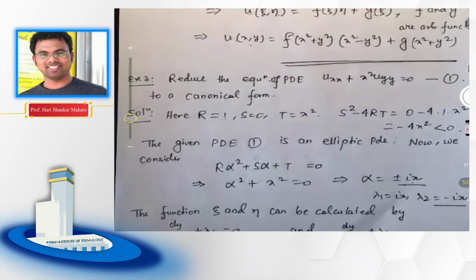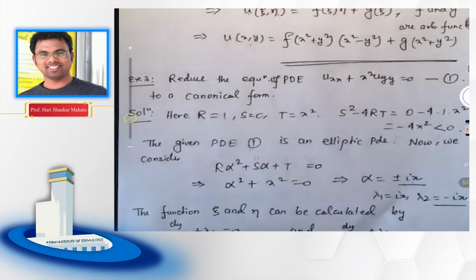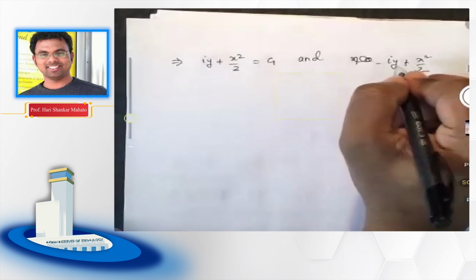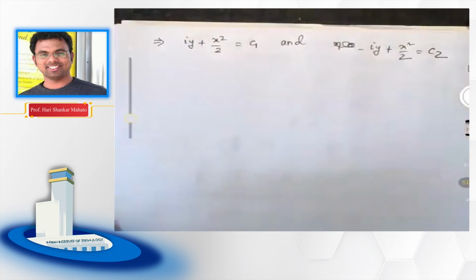So ultimately I will have iy plus x square by 2 equals some c1, and minus iy plus x square by 2 equals some c2. I have to do some simplification.